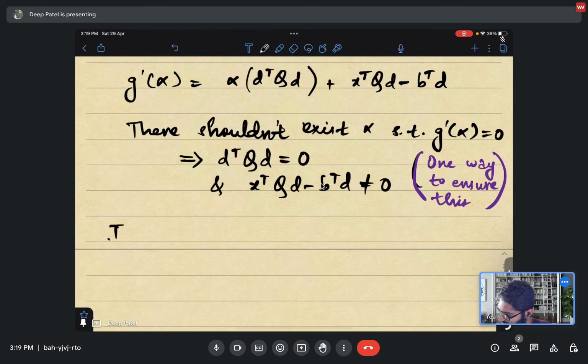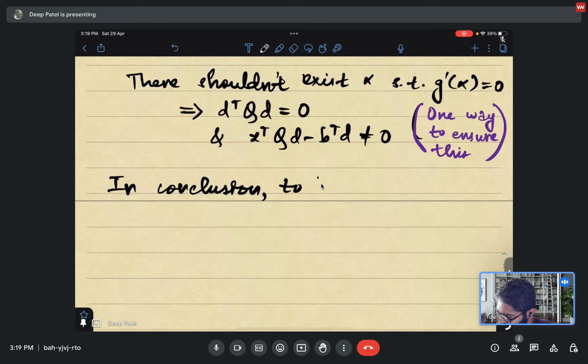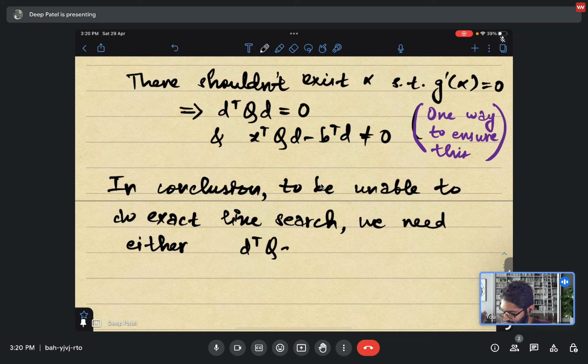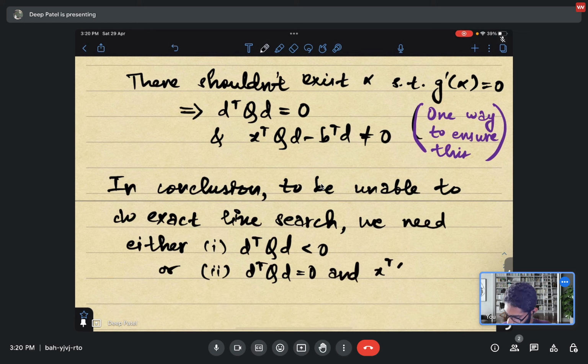So in conclusion, to be unable to do exact line search, we need either d transpose Qd less than 0, or d transpose Qd equal to 0 and x transpose Qd minus p transpose d is not 0. Okay.